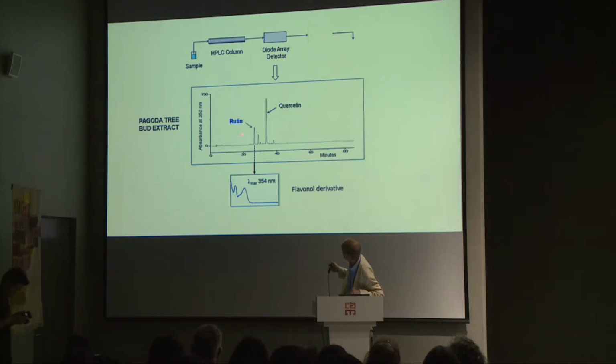Well, first of all, you get a profile that looks like this for any extract. This happens to be from a pagoda tree bud extract. And then you can get a spectrum of each component here. And that tells you usually what type of dye it is and what category of dye, but it doesn't necessarily tell you very much more than that.